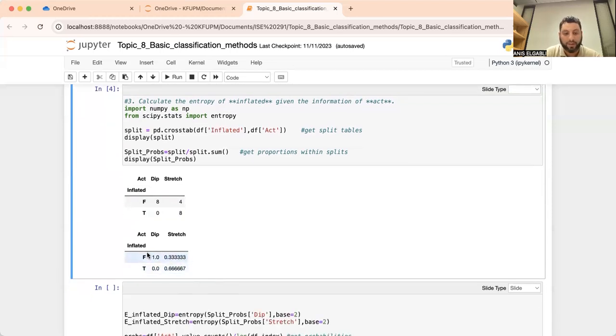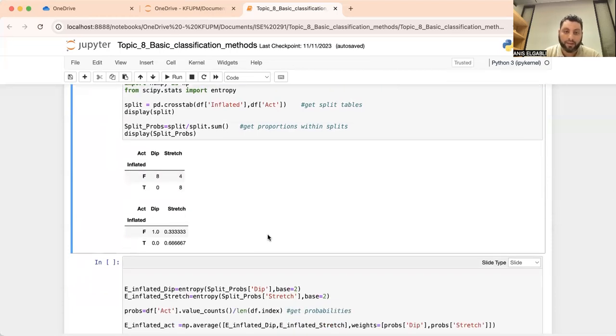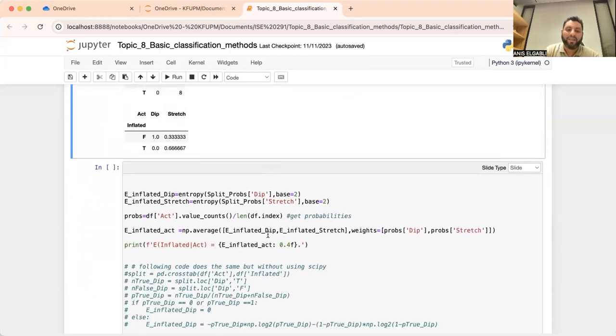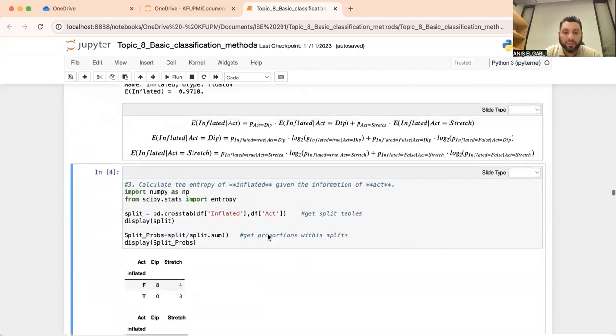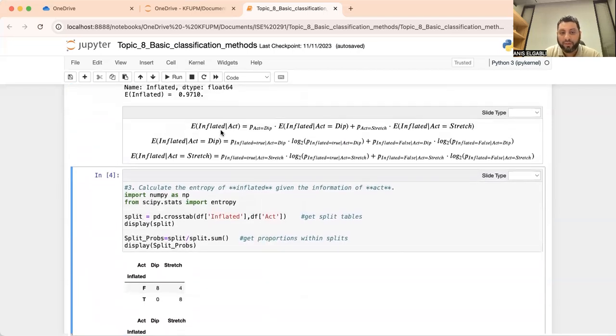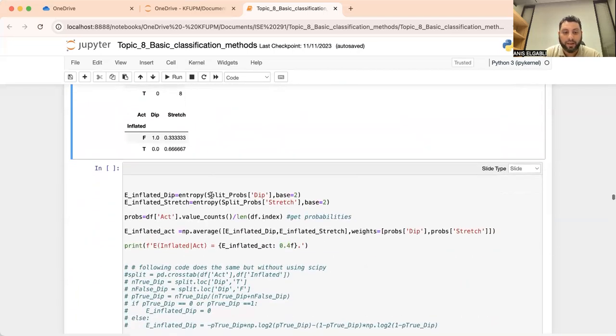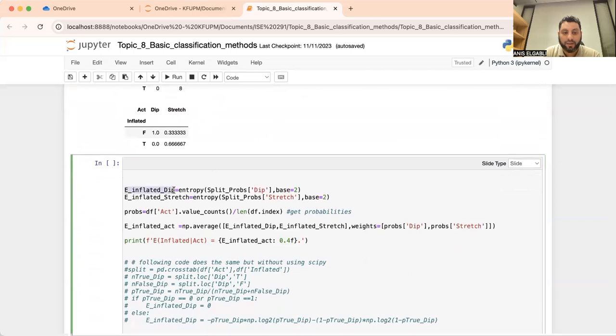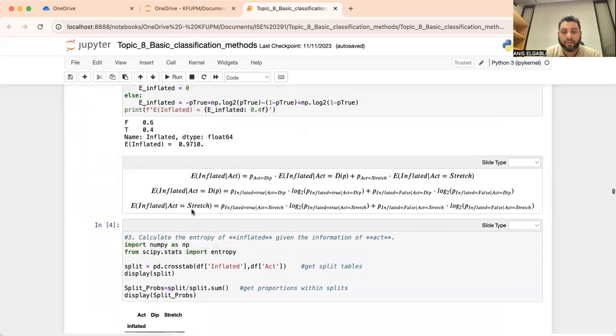If you look at this table here, the first one is the probability of inflated equal to false given act equal to dip, and so on. It should be clear now. Now we want to compute the entropy of inflated given act. We start first with the first conditional entropy, the entropy of inflated given act equal to dip.